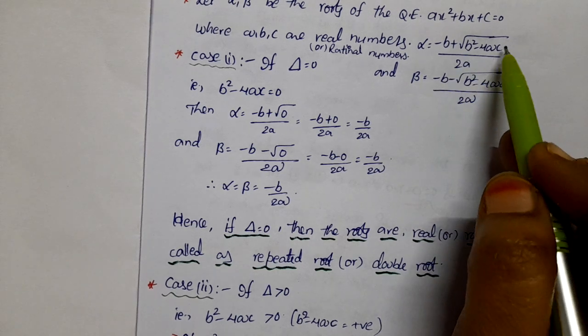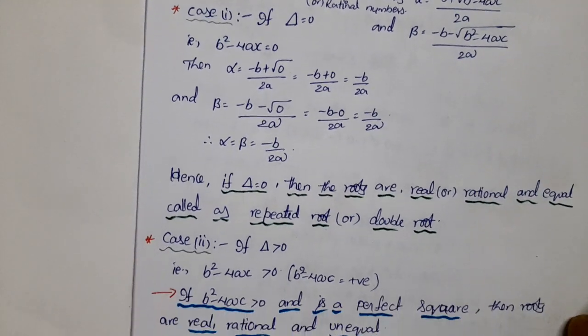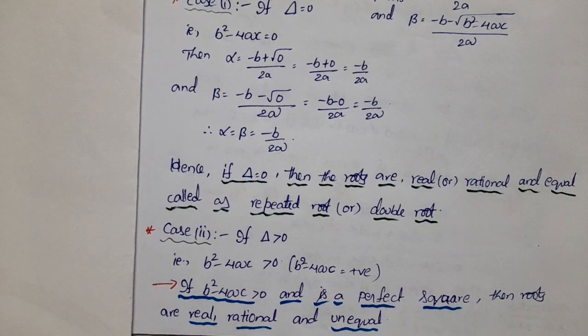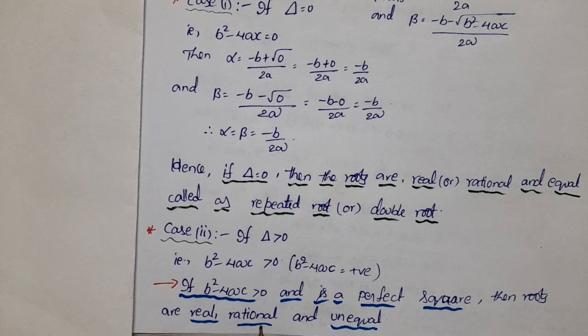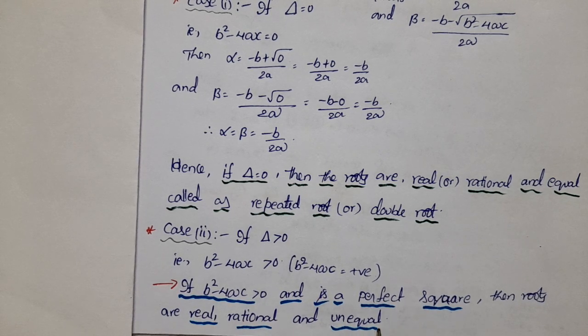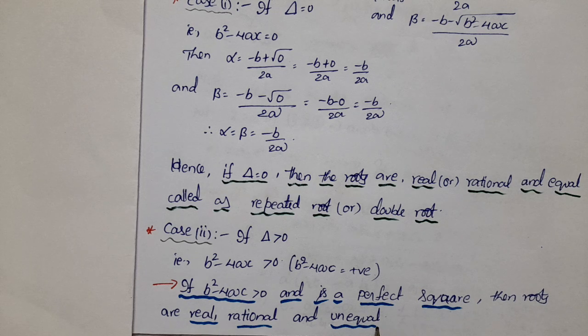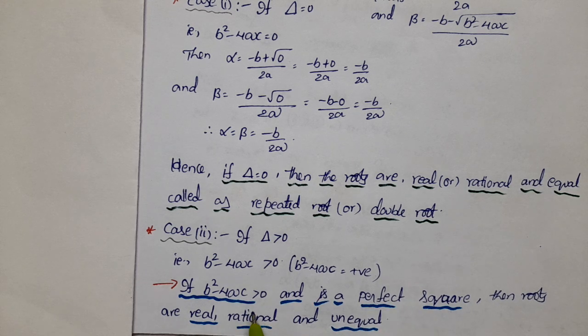If this value is a perfect square, then the roots are real or rational and unequal. If delta greater than 0 and that value is a perfect square, then the roots are unequal, real or rational.